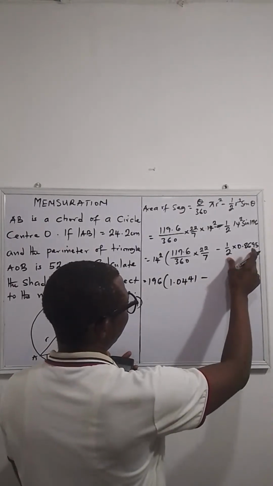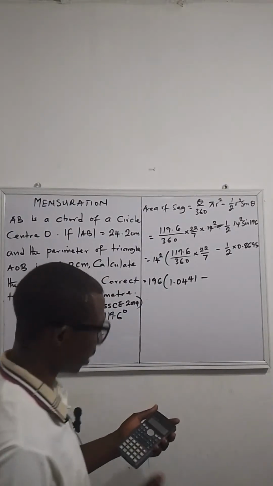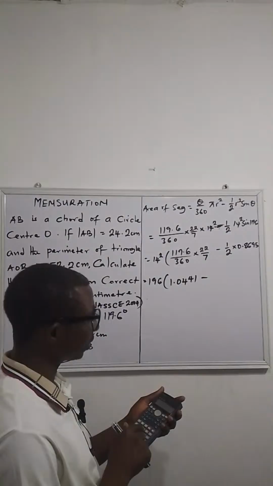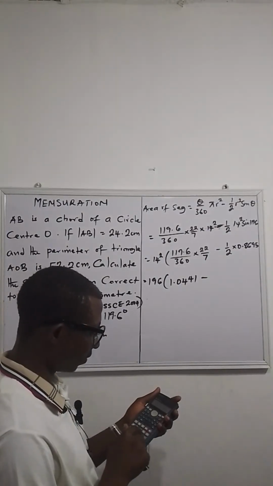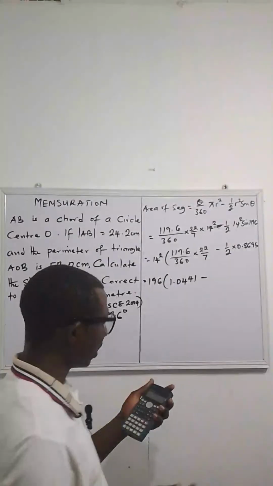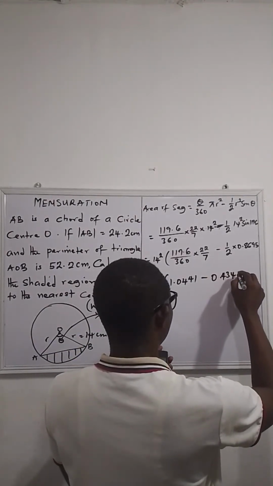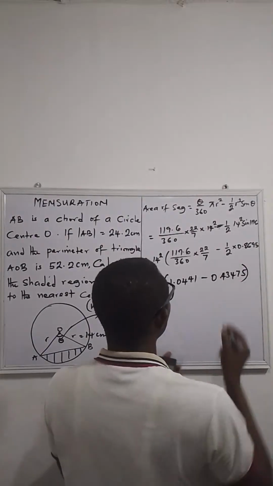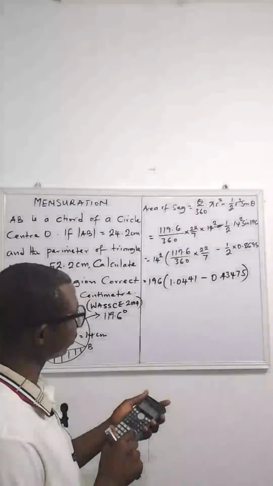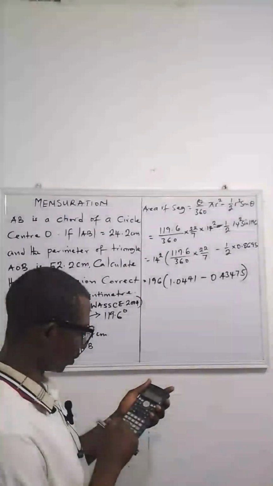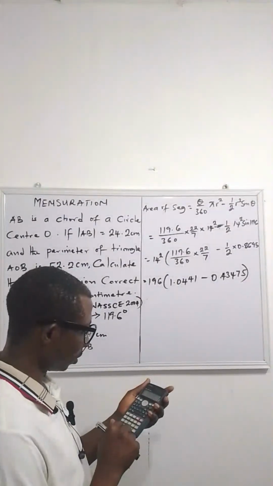So minus, now let's look at this. We have 0.8695 divided by 2. So what do we have? We have 0.43475.